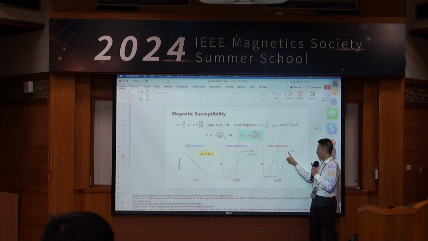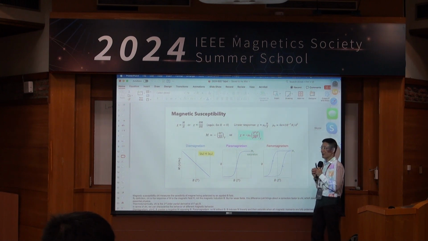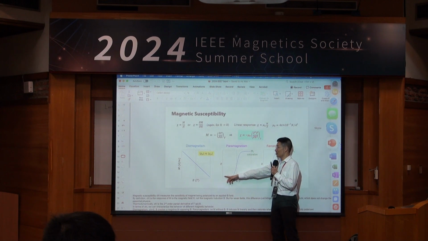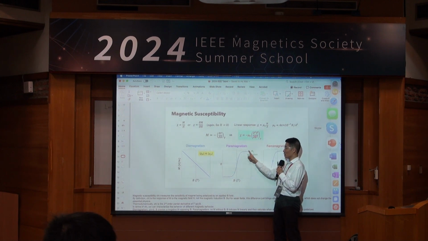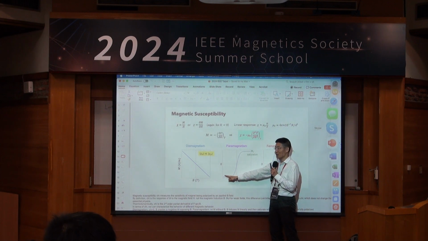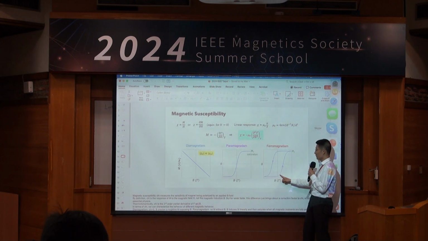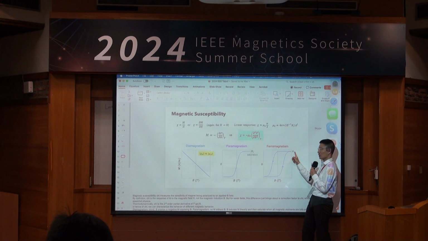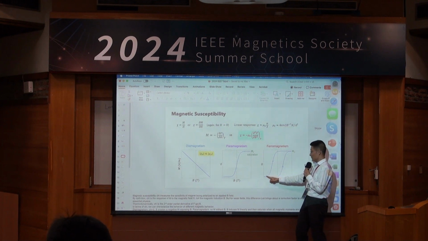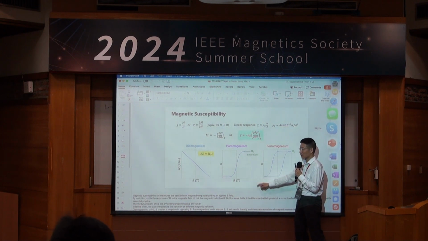Rather, it follows a counterclockwise loop. Whereas in paramagnetism, if you sweep the field back and forth, the system simply follows the same path, just in opposite directions. But here you have a different path in the forward direction from the path of the backward direction.